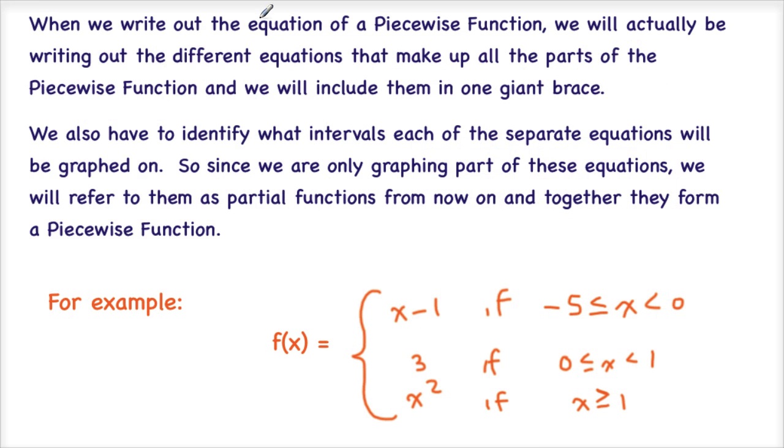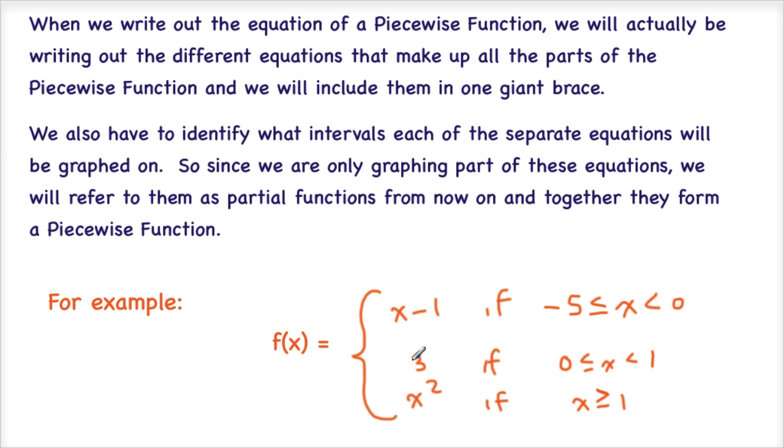So when we write out a piecewise function, we are going to write out the different equations that make up the different parts of the piecewise function. And we include them in like one giant brace. And then we also have to identify the intervals that these separate equations are graphed on. So I'm going to have the graph of x minus 1 for all x values between -5 included and 0.